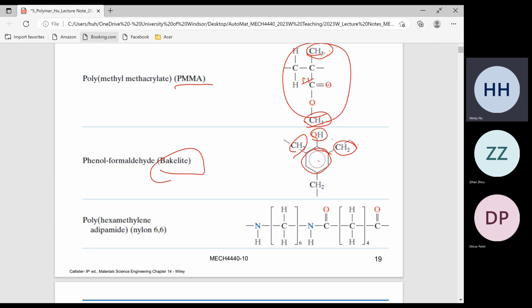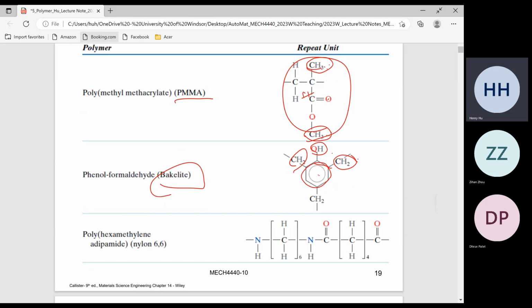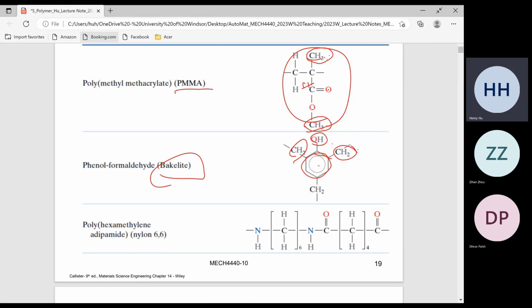So Bakelite is quite a complicated polymer, with a repeat unit of quite a complex structure.